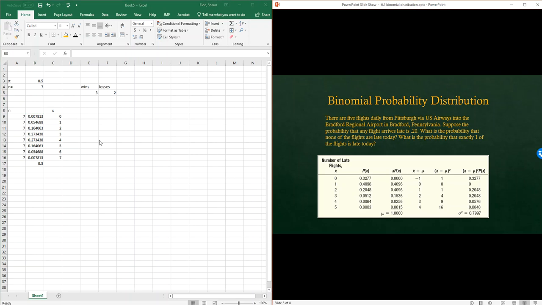So right here, you've got x, and then you've got the probability of x, and then equals x multiplied by the probability of x. Bring that down.